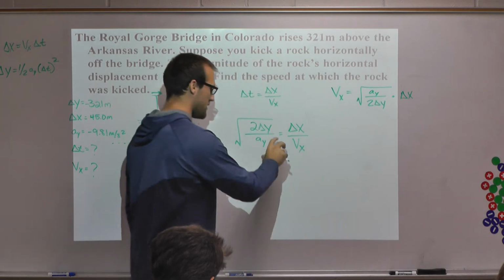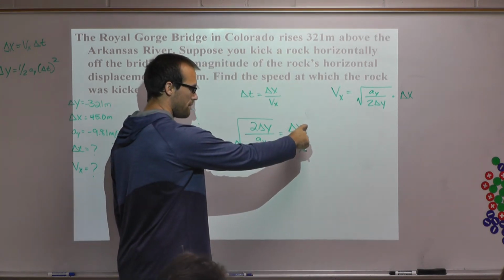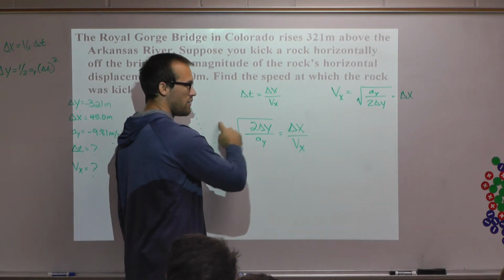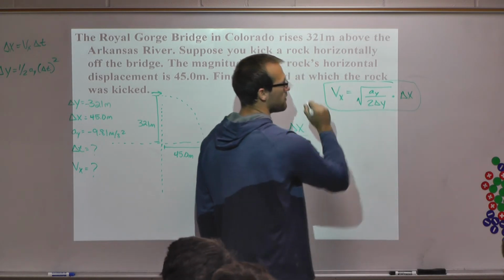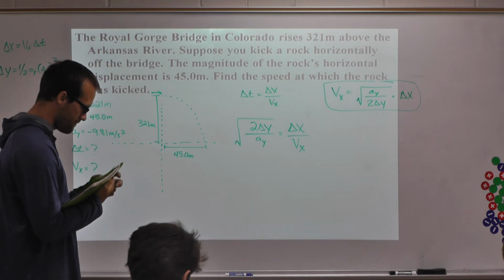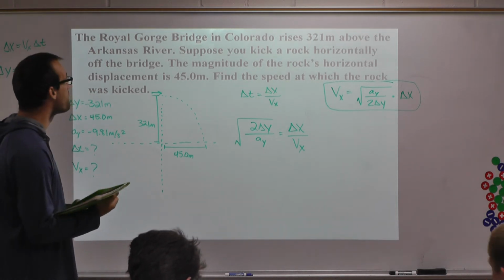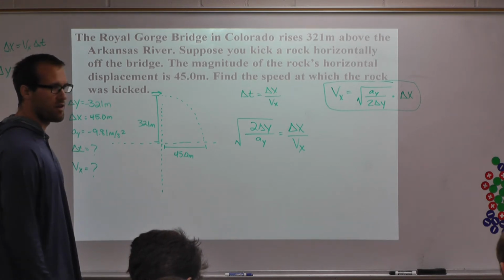That's essentially taking the reciprocal of both. So now Vx is on top, and change in x is on the bottom, multiplying it over, and you should get this. This is an equation you're going to want to put in your note card. Then all you need to do is plug in all the numbers and solve.